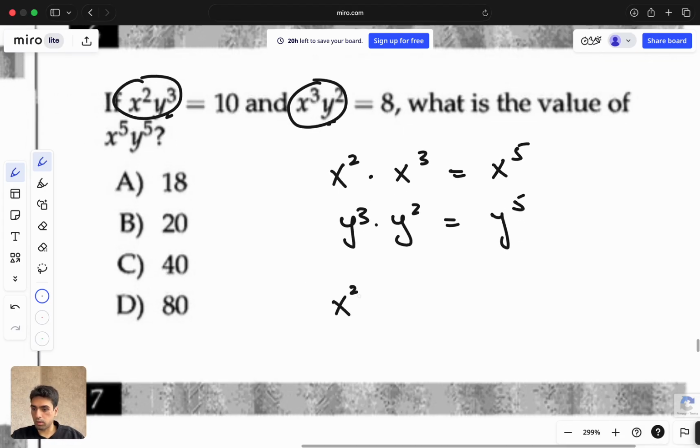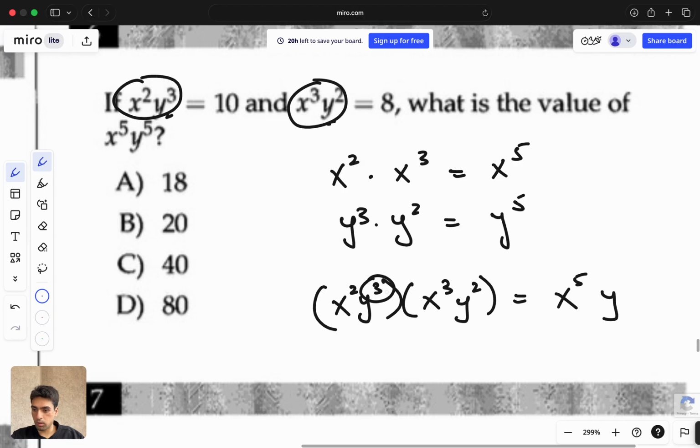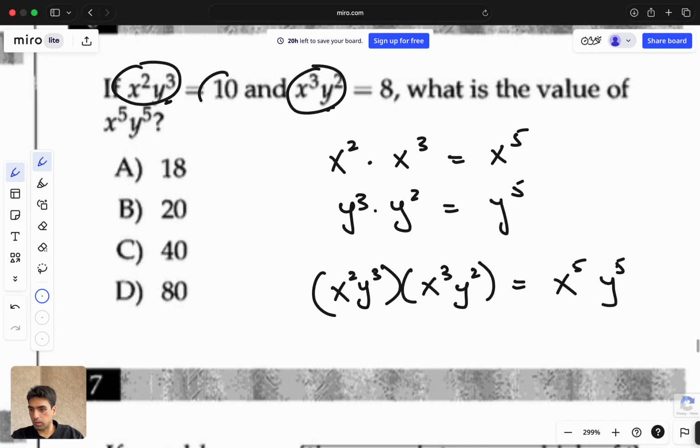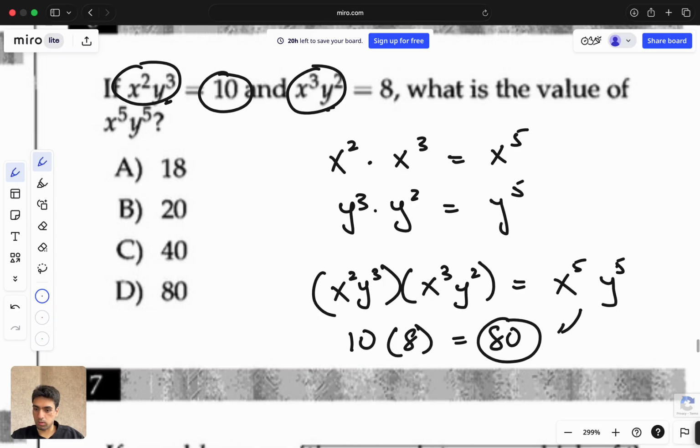So x squared y cubed, if you multiply with x cubed y squared, it'll be equals to x to the 5 and y to the 5. So this is equals to 10 times 8, which is 80.